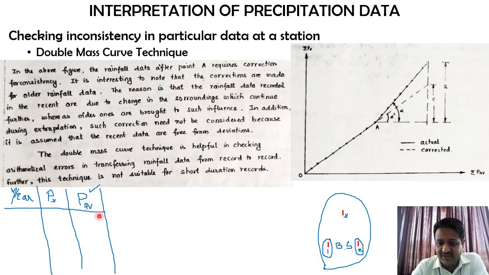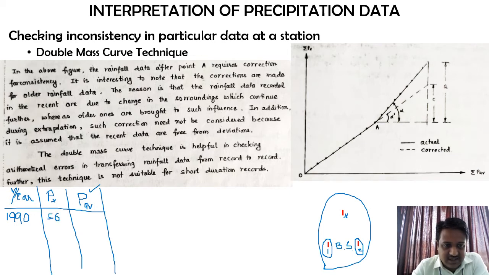Similarly, the value of station X will be in the second column. Continuing with that, imagine the year, let us say, 1990. For the year 1990, this Px value is, let us say, 56 mm.